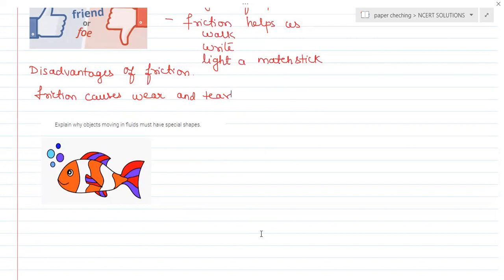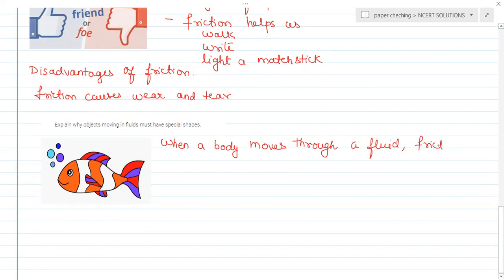When a body moves through a fluid, friction opposes the motion.